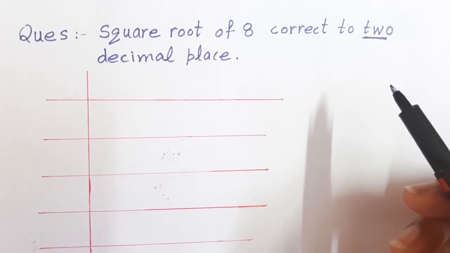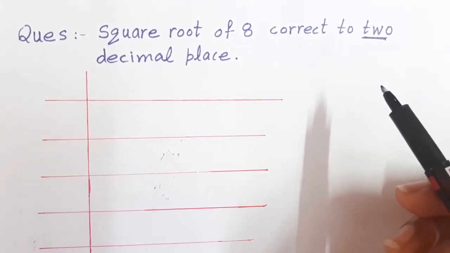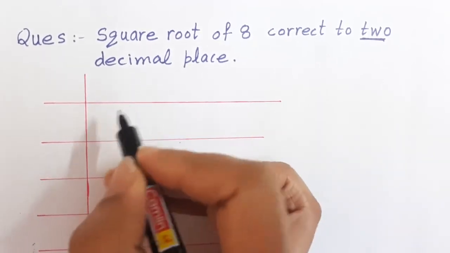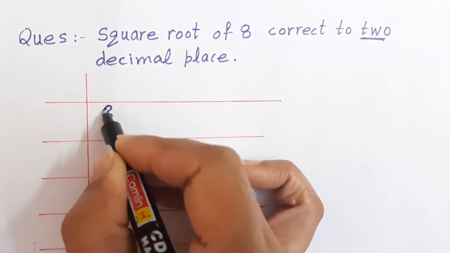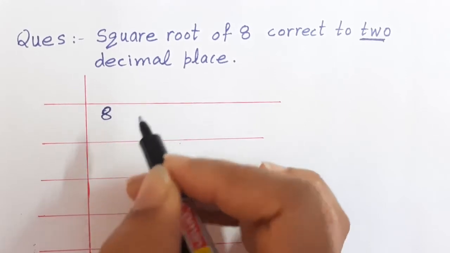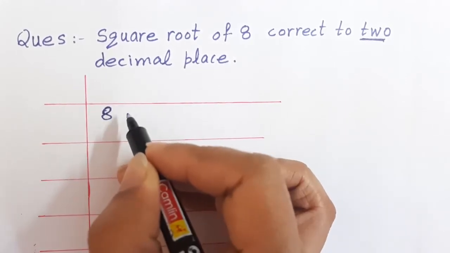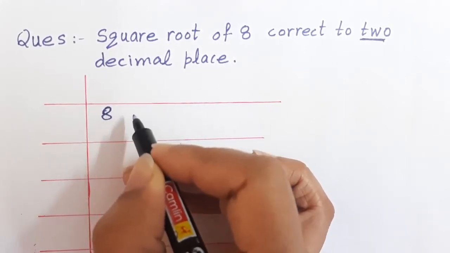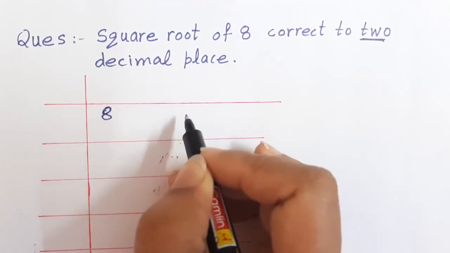Now, let us start with the question. So, now students, you must be knowing that 8 is a single digit here. So after 8, we can put any number of zeros. Right?